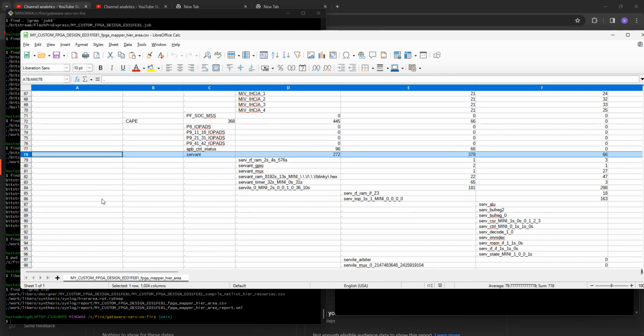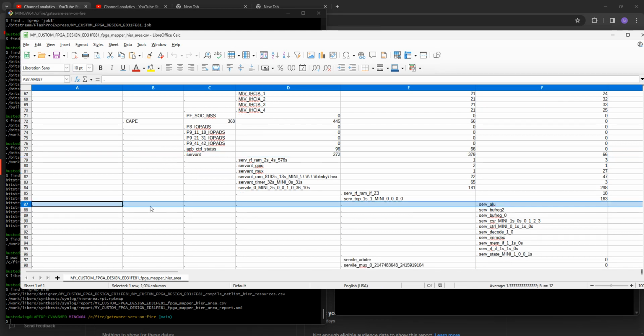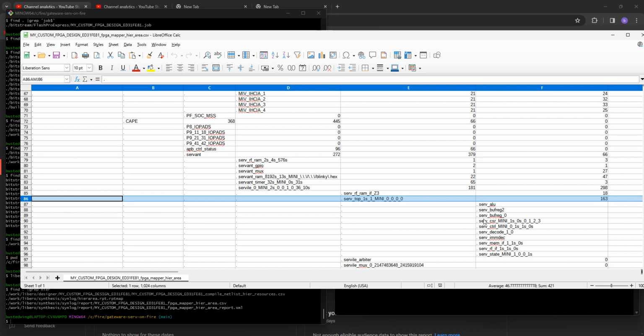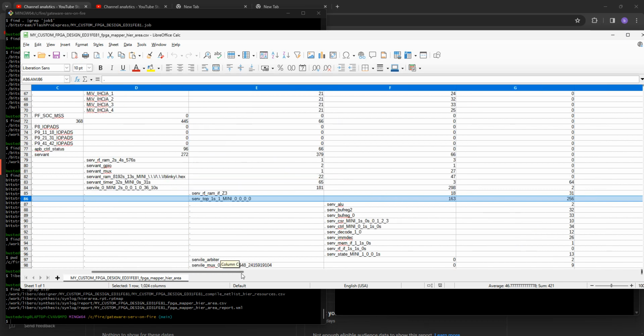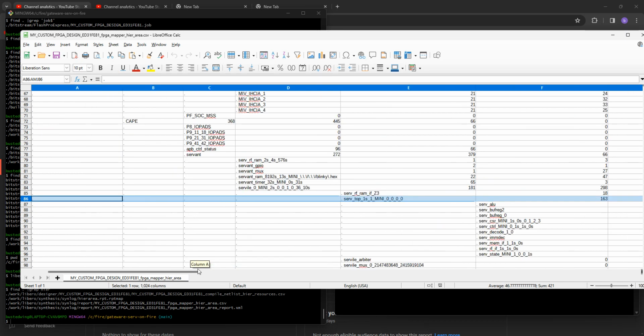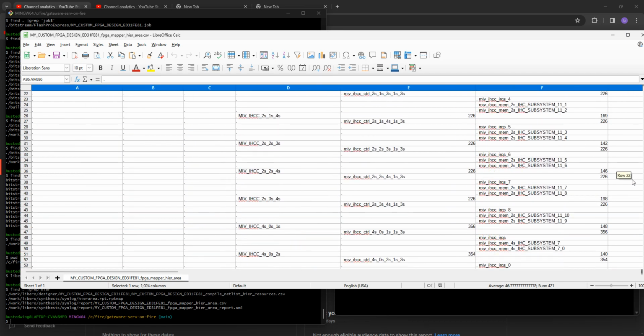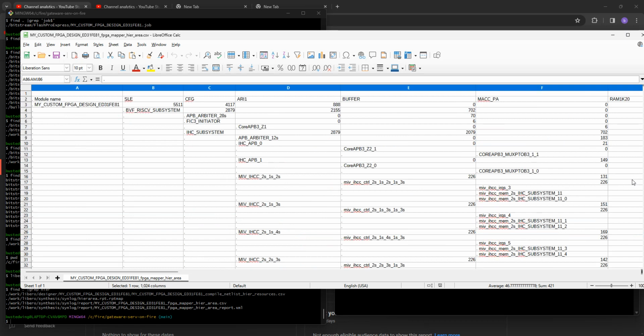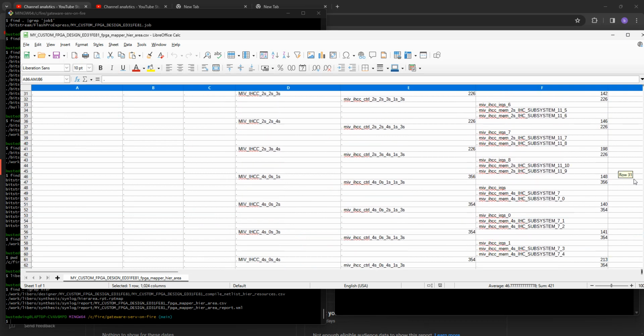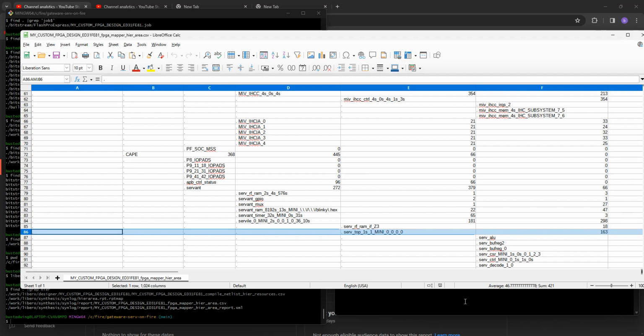Here's Serv Top Mini, and that takes up 163 logic gates. So we're at 163 gates.